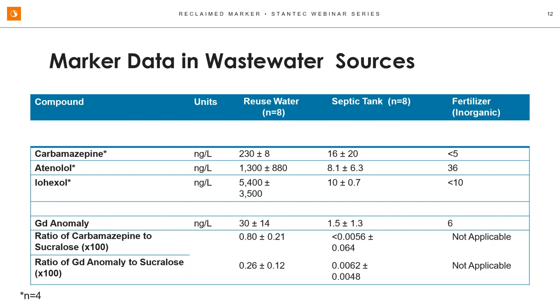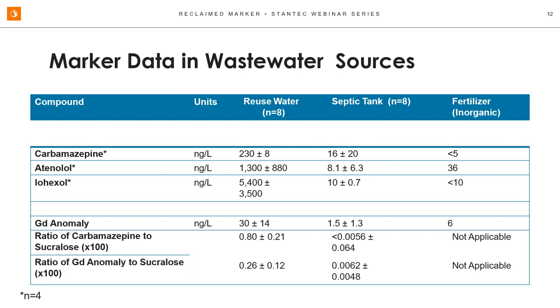And we saw right away that these diagnostic tracers might have a lot of potential because they're really not found in septic systems because they are out of the body very quickly. They have very short half-life, and so they're not going to be in common use in homes as things like atenolol, carbamazepine might be as prescription medications.